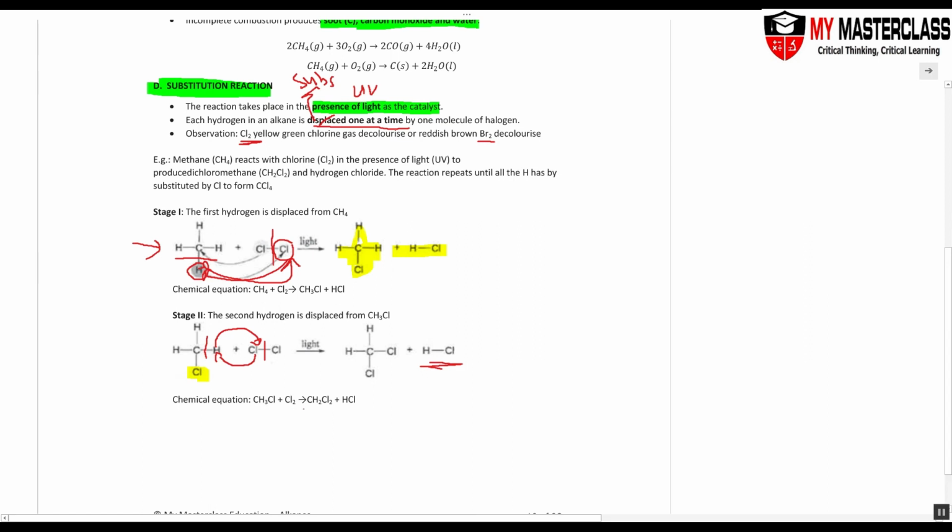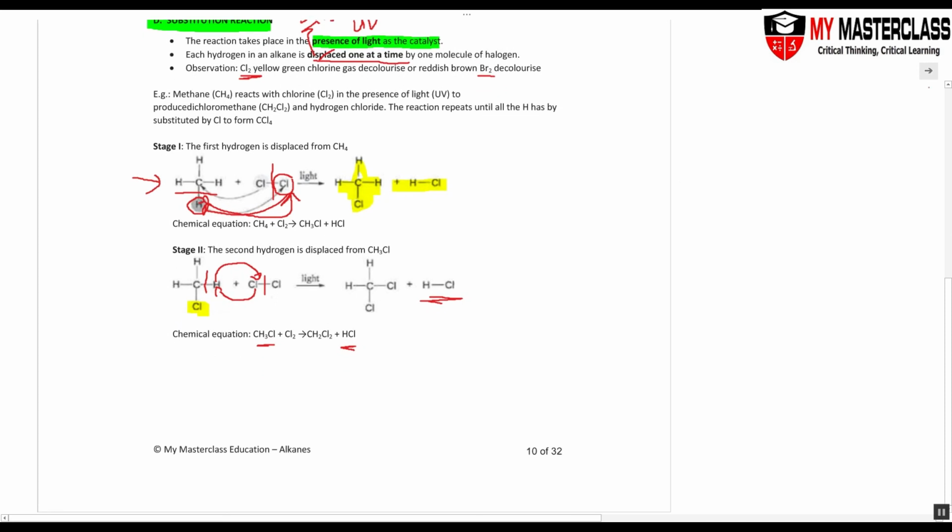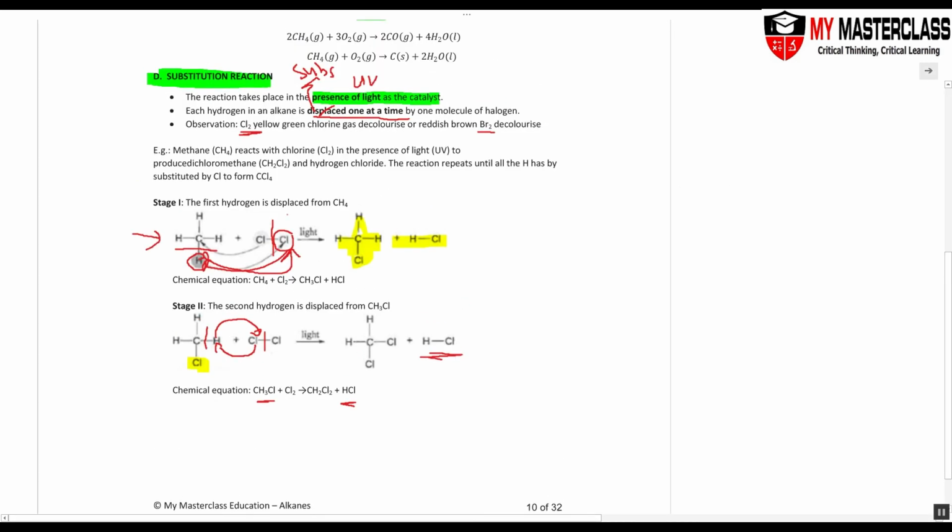Your overall equation: CH3Cl plus Cl2 gives CH2Cl2 plus HCl. It is important to note that when you write your organic chemistry equations, you have to write the conditions on top of your arrows. So you have to write UV light on top of your arrows.